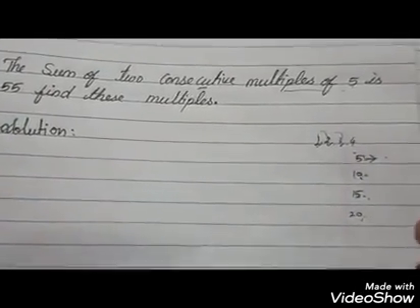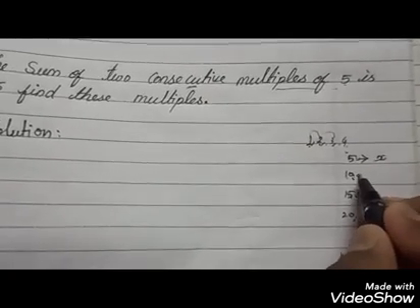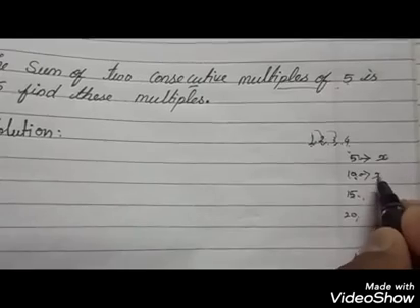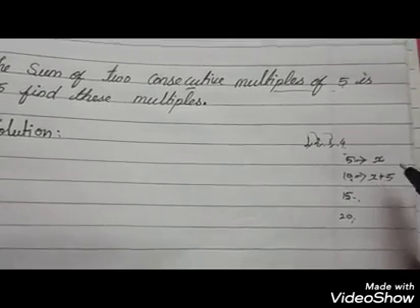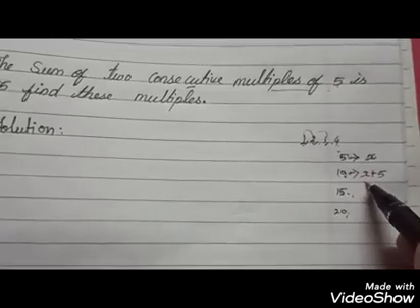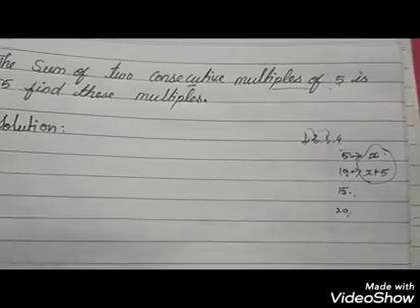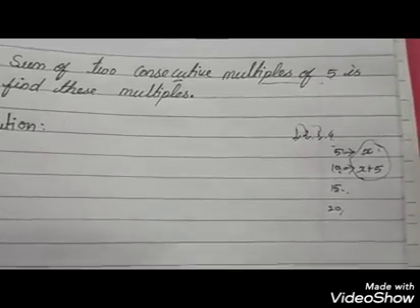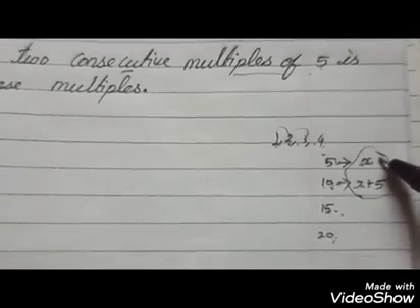Because of that, I take this one as x, and the next as x plus 5. This is the basic step for the 5 table. The first multiple of the fifth table we take as x, since we don't know it.